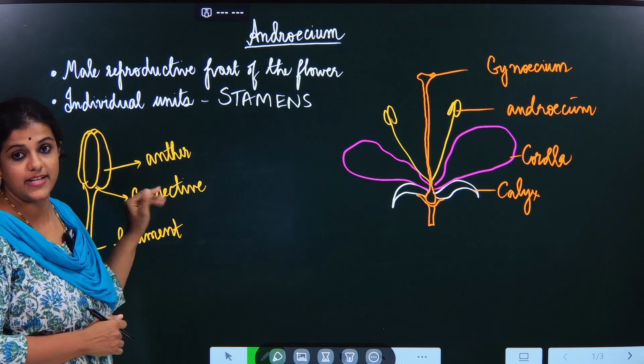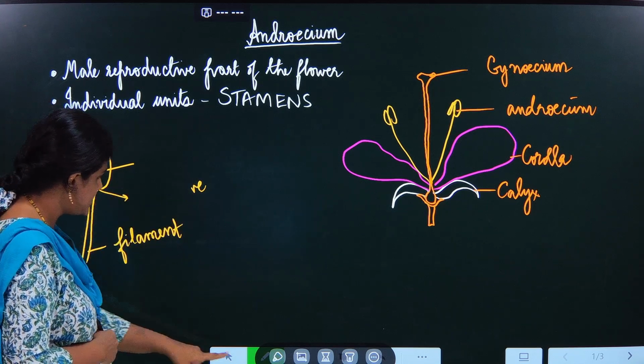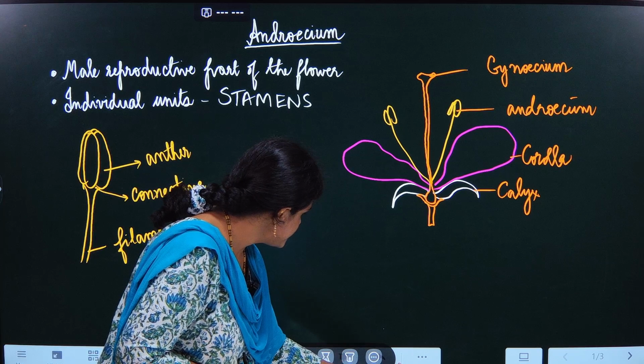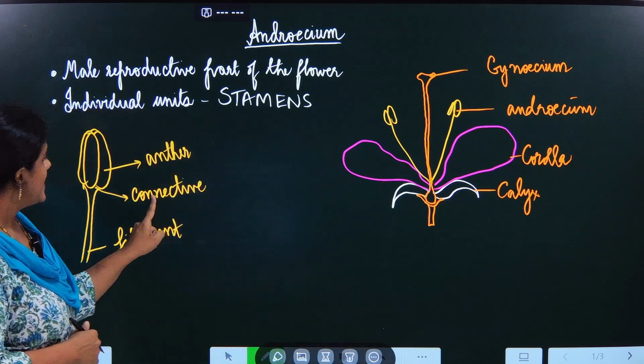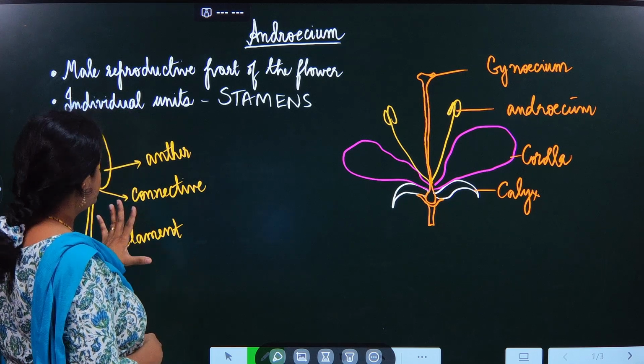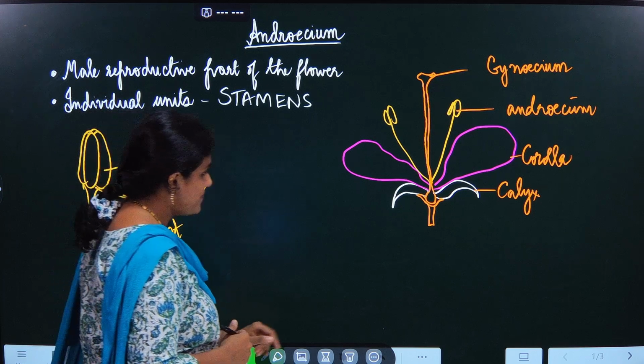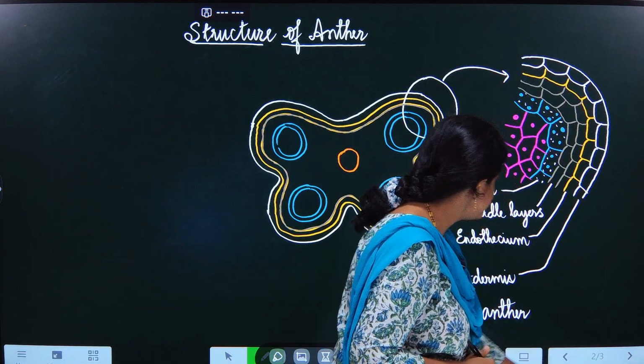So, there are three structures present in stamen. What are they? Anther, connective and filament. Now, if I have to look into the anther, I will go to the next slide.